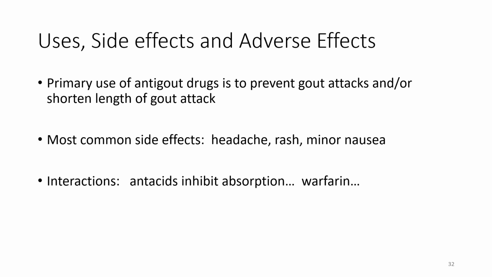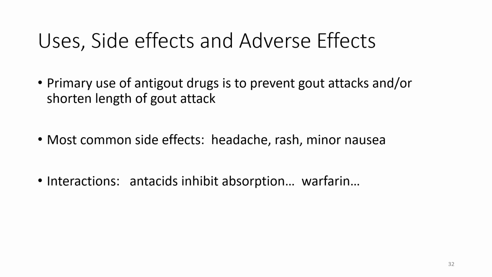Allopurinol actually interferes with warfarin. So your patients who are taking allopurinol for gout and taking warfarin for whatever reason are going to need to monitor those INRs, those levels that we do blood draws for, so that we can make sure that they're not at an increased risk of bleeding. We want the INR to be within normal range.